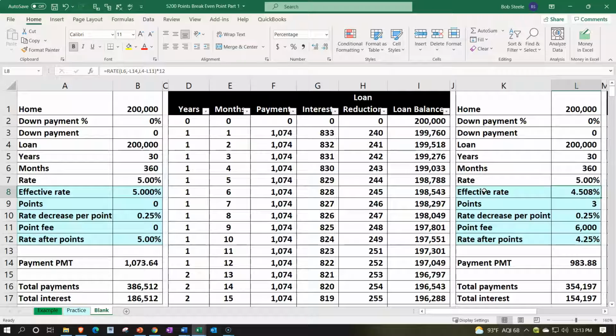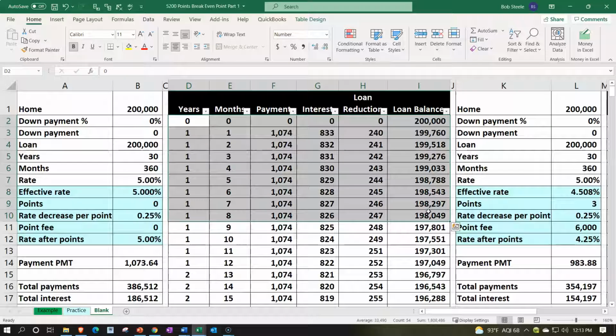So if you were to sell the home earlier, then you could have an issue, because what you're doing here is you're paying the $6,000 up front, which is basically going to pay for itself over the life of the loan. So as time passes, you're going to be more likely to be paying this thing down. Whereas over here, you didn't put the $6,000 up front, but you're paying the higher payments on it. So at the front end of this loan, you'll be better off not paying the points.